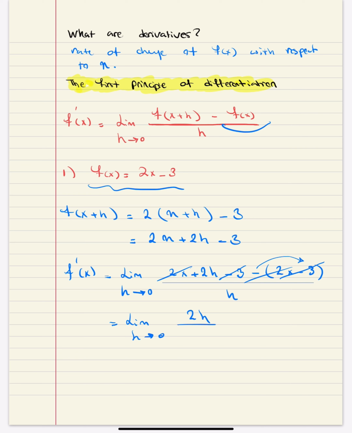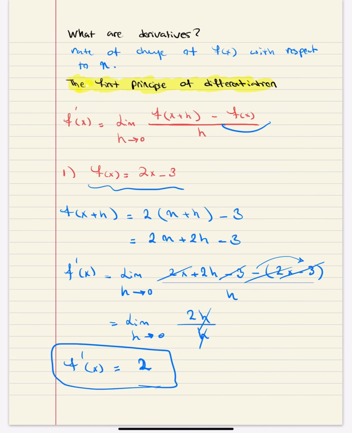We'll have the remaining, after doing all the simplification, 2h over h, and we could cancel these h's with one another. Therefore, the limit would simply equal 2. And this means the first order derivative of our function f of x is simply the number 2.